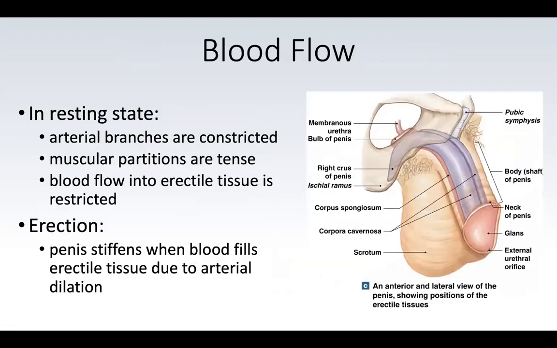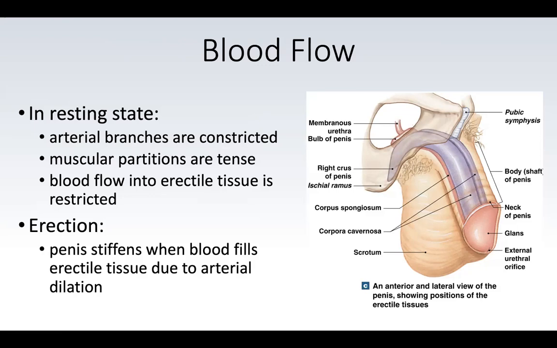Now, in the resting state, we're going to talk about blood flow through the penile organ to help us understand what happens during the event of erection. So, in the resting state, the arterial branches, please understand that the Corpora Cavernosa, and Corpus Spongiosum for that matter, have lots of blood vessels in this tissue. In the resting state, the arterial branches are constricted, so there's not a lot of blood flow there.